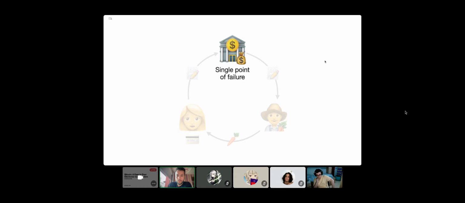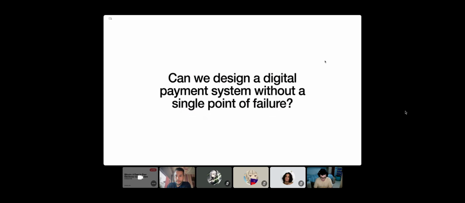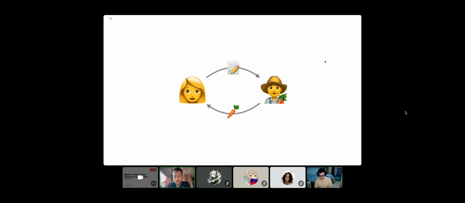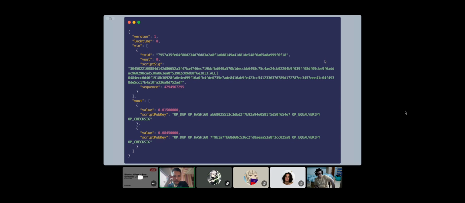But we want to do this without a single point of failure, which in our case is a banking or credit card processing company or something. And for this, we defined what the transaction will be in the system, and the transactions are the messages people send to each other in this system, and it is this data structure.